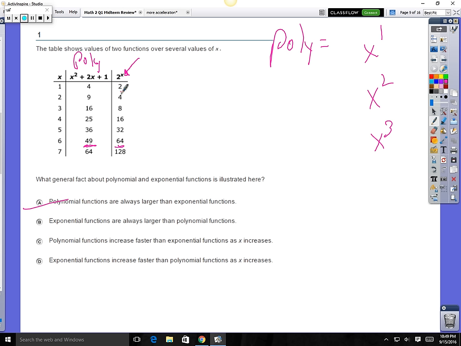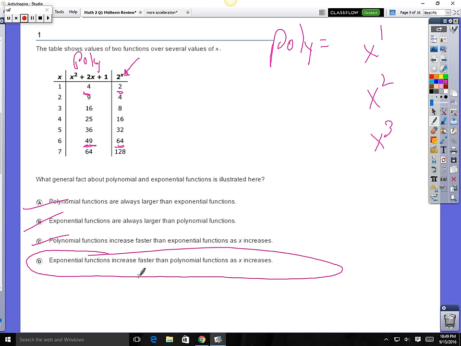That's not true because 2 is not larger than 4. Polynomial functions grow faster. That's not true. Exponential functions grow faster. Yes, they will always grow faster. They grow the fastest overall, over time.